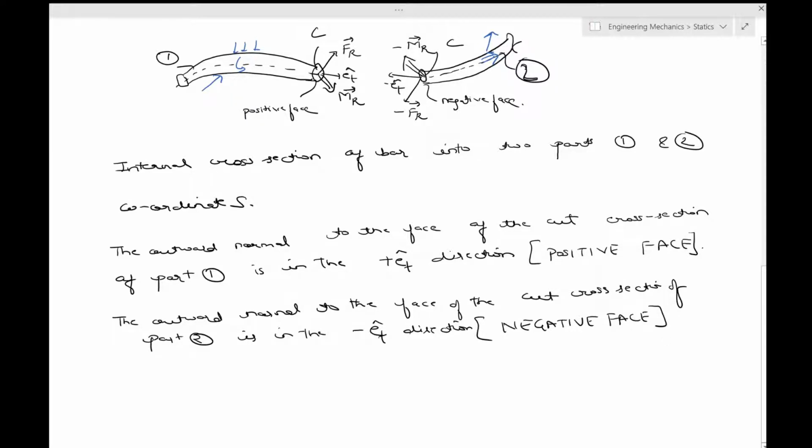So the internal resultant forces and moment: the resultant force is Fr and the moment is Mr. It can also be called the moment due to a couple.